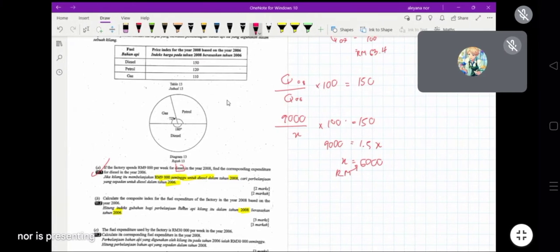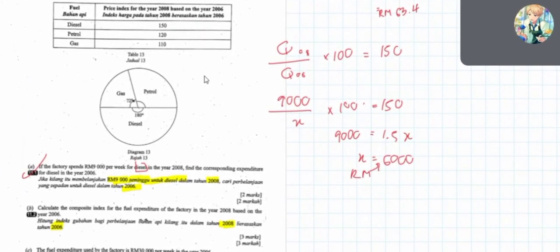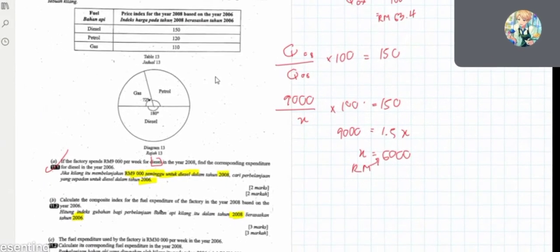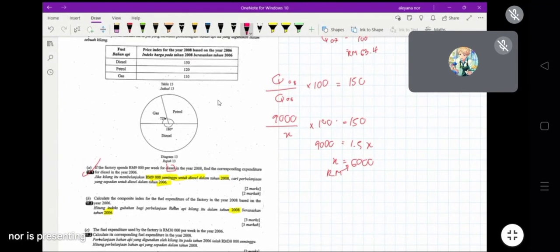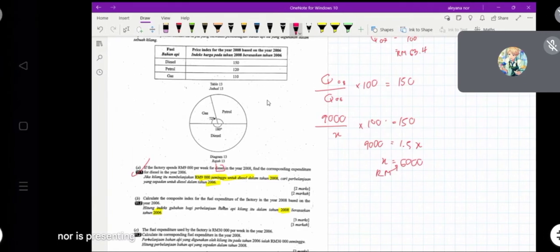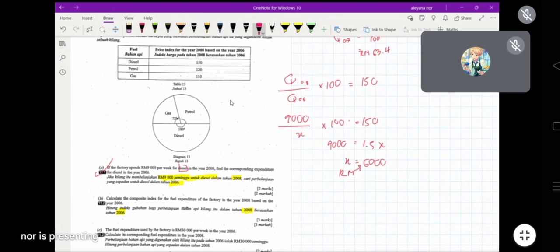Calculate the composite index for the full expenditure of the factory in the year 2008 based on the year 2006. So this is also finding the index of change, as what you have learned from the front. Can you tell me what is the problem we have right now?